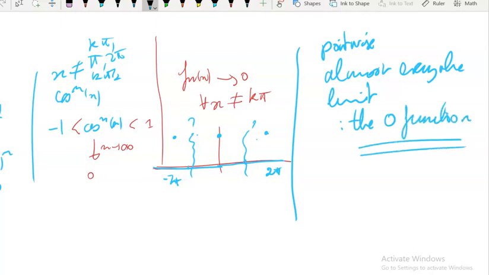There are some isolated points where either I have no limit value, like in -pi and plus pi, and some points where it's equal to 1, but they are just isolated points. And the measure of the set where the function does not tend to 0 is equal to 0, because that's the measure of isolated points. So this is the almost everywhere pointwise convergence of this sequence of functions towards the 0 constant function.